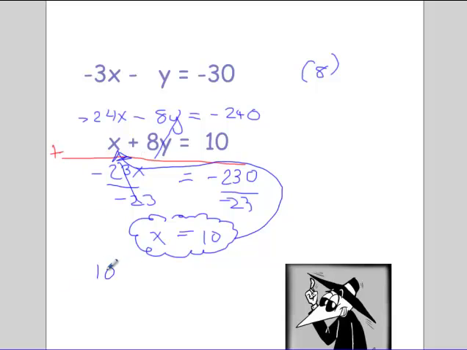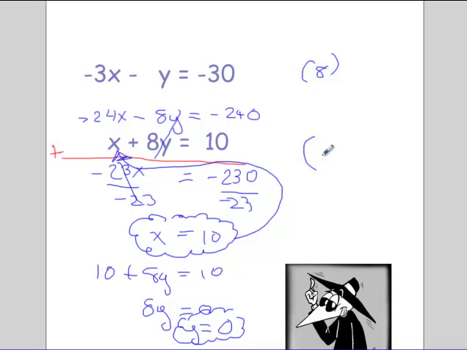So I have 10 plus 8y equals 10. Subtract 10 from both sides, and I get 8y equals 0. Divide by 8, and we get y equals 0, because 0 divided by 8 is 0. So that is my second part of my answer. So I have x equals 10 and y equals 0 as an answer.